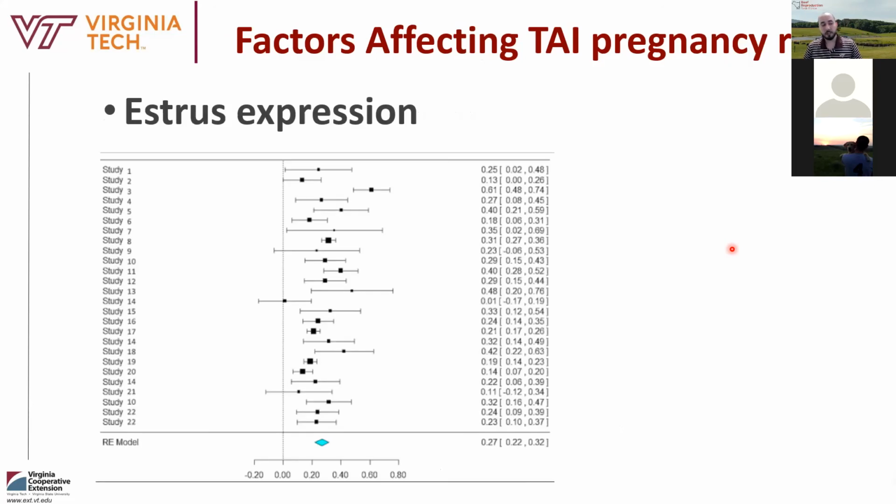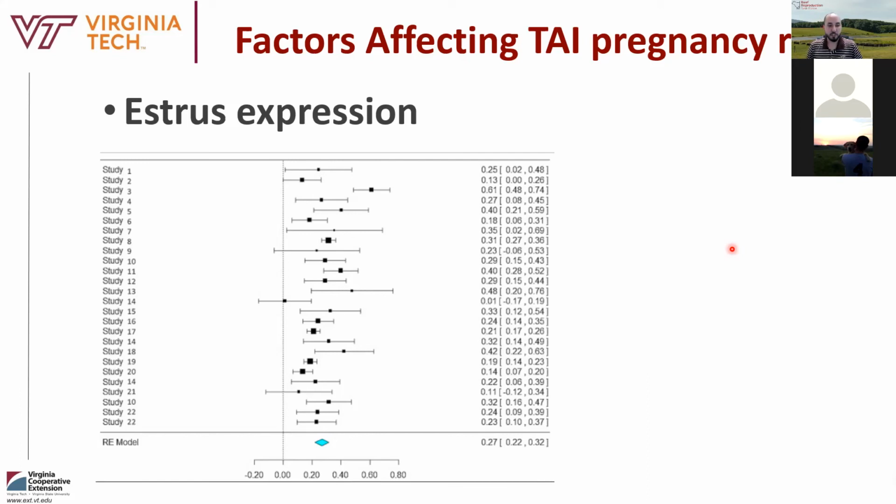Estrus expression, we had some talks about this early on, is really important. A really nice paper out of Dr. George Perry's group was a meta-analysis that looked at several research studies that were done previously, and they looked at the effect of estrus. So if the cow showed estrus before timed AI, what effect did that have on pregnancy rate?